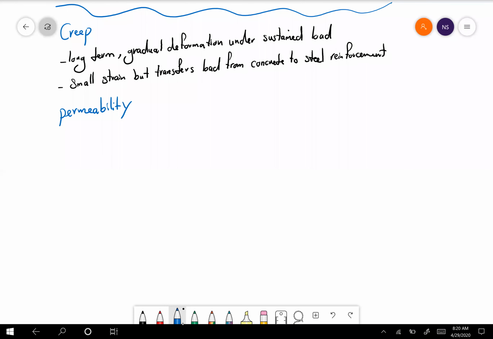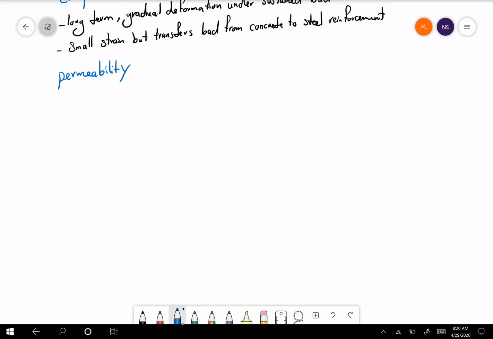This is important when you want to have a permeable concrete with the ability to infiltrate surface water, and it's good practice to know that permeability is increased.